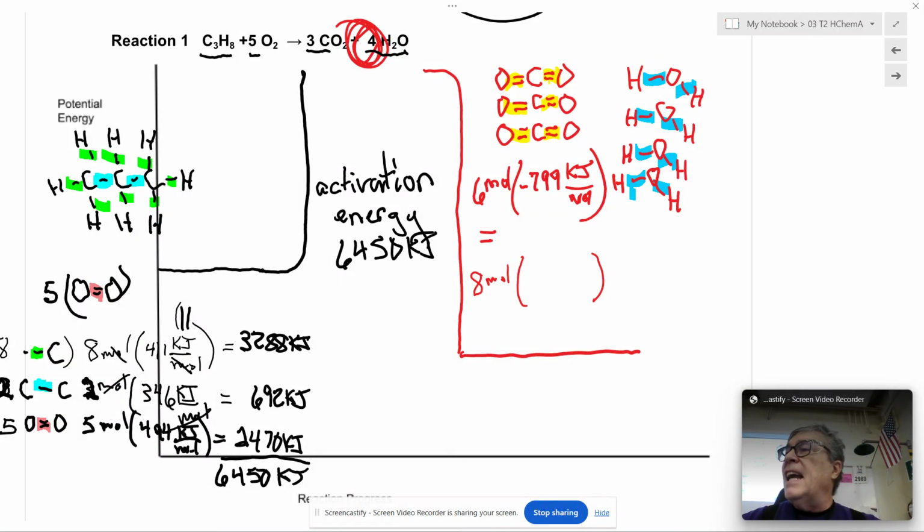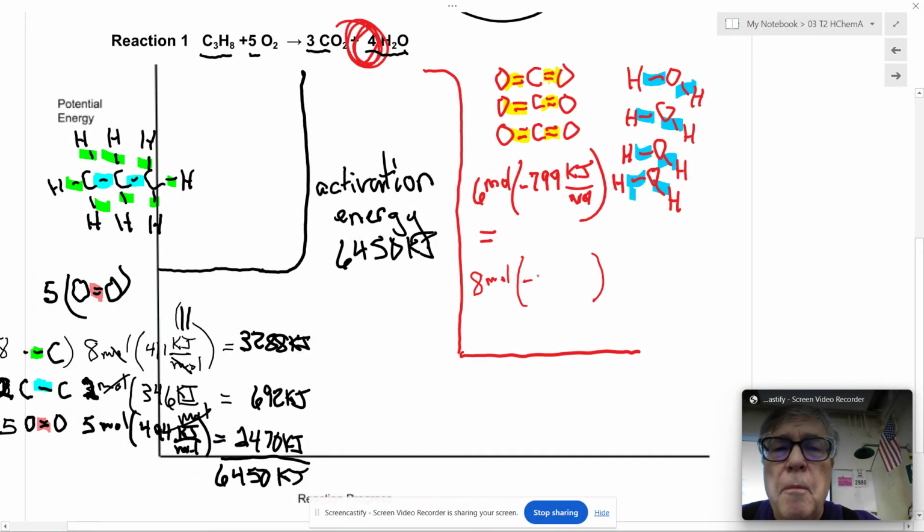There it is in the second column, just below the middle of the second column on your sheet. 464. And that's going to be a negative number because we're putting them back together. And of course, I'm being careful with my units. You should be too. What does that equal?